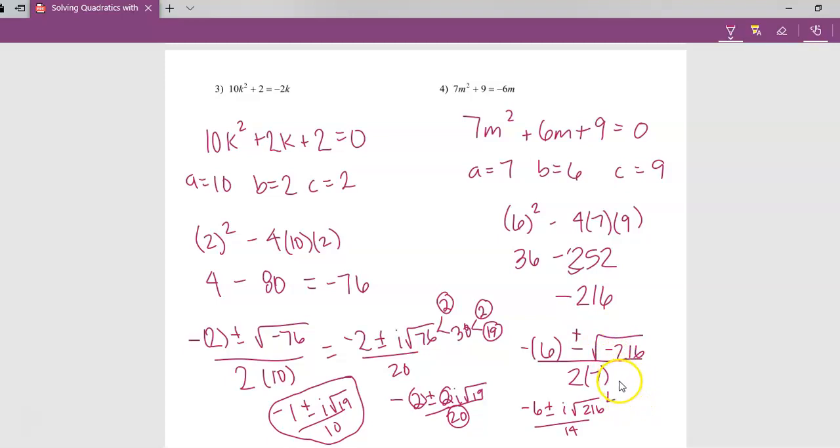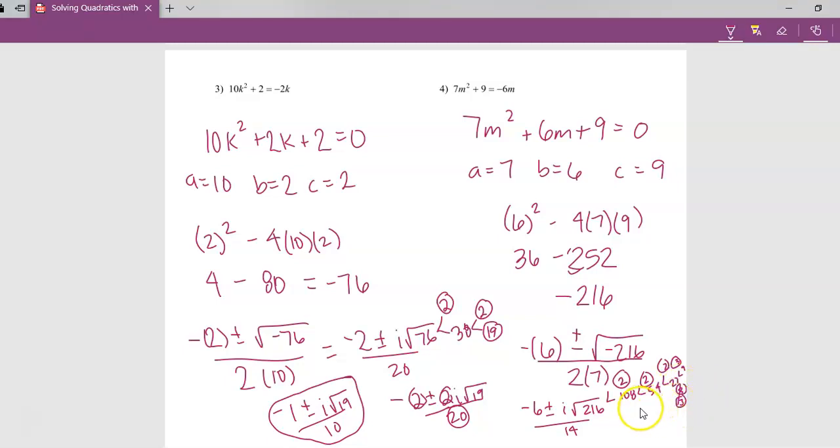So that would be 2 times 108, which would be 2 times 54, 2 times 27, 3 times 9, and then we've got 3 times 3 for the 9.